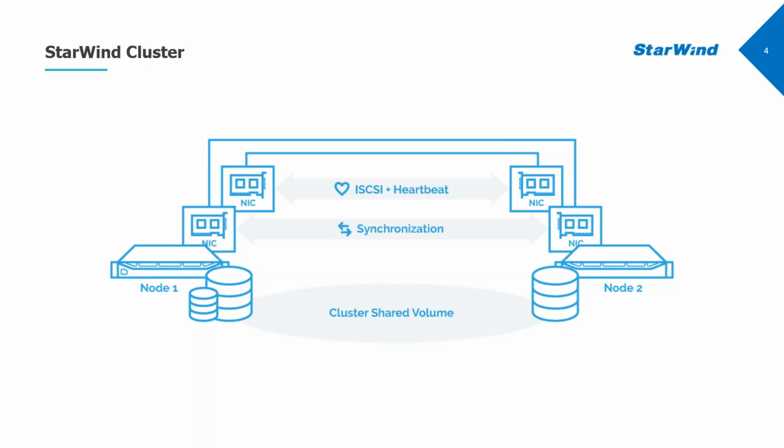On this shared storage there are virtual machines or other data, which, in case of a node failure, will automatically migrate to another server and continue running, thus eliminating any downtime of the production. In this case, StarWind needs to synchronize the data from the node that was active to the malfunctioned node, of course, after it becomes online and available again.